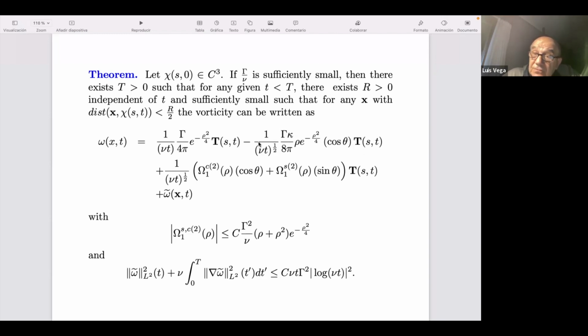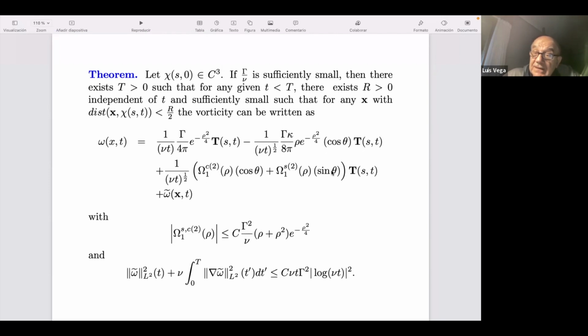It turns out that in order to construct this guy, which is really the one I want to capture, right? Because it's the one that has the geometric information, I have to go to the next term, which is still of the same size, 1 over the square root of nu t, but it is quadratic in gamma. Here it is.